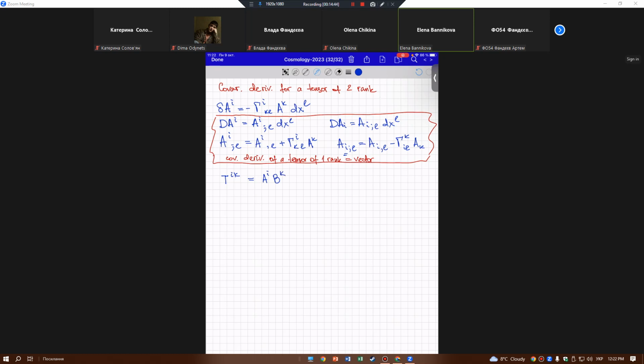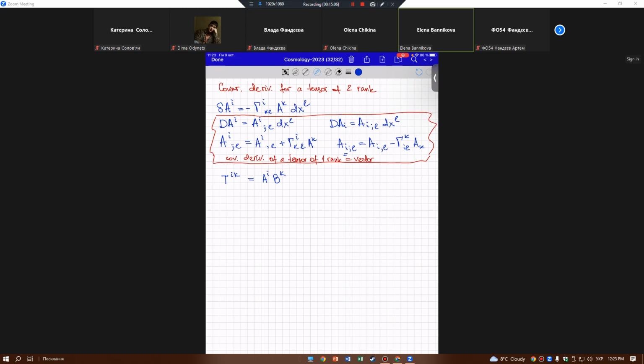In principle, we can prove very simply that we also obtain a tensor, because the transformation will involve the derivative of x by x prime like this.